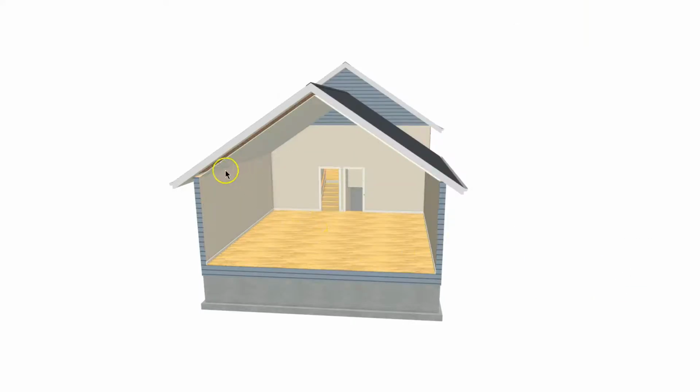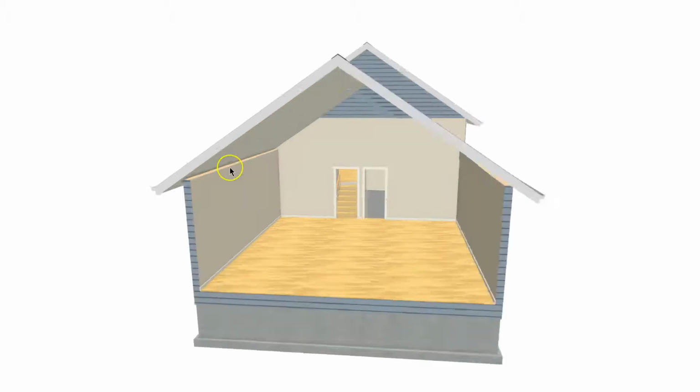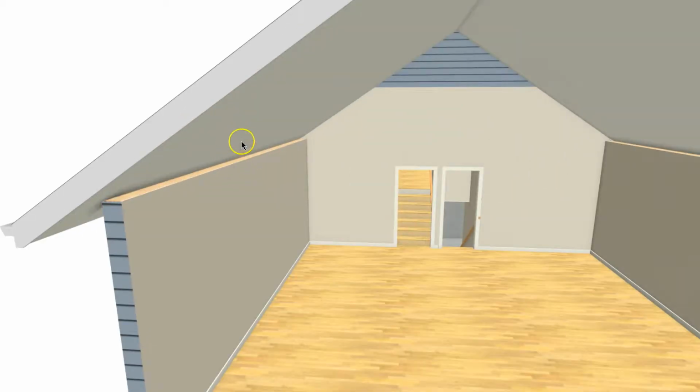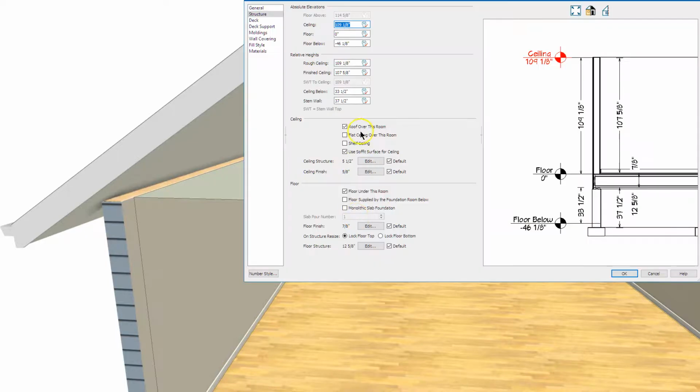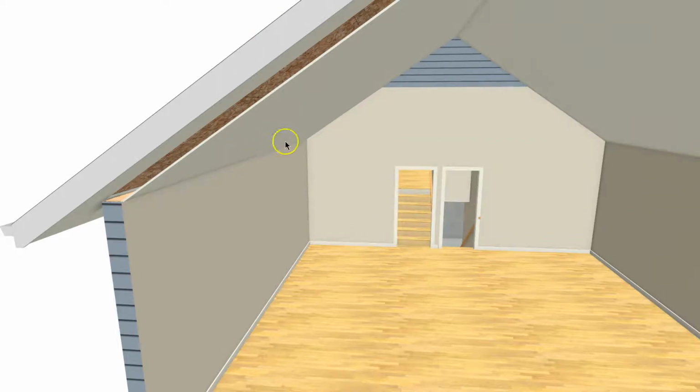You can see how the walls, I'm going to check it again just to show. You can see how the walls, or the ceiling and the walls aren't right. So I'll go back here, uncheck that. And you can see the ceiling goes back to where it should be.